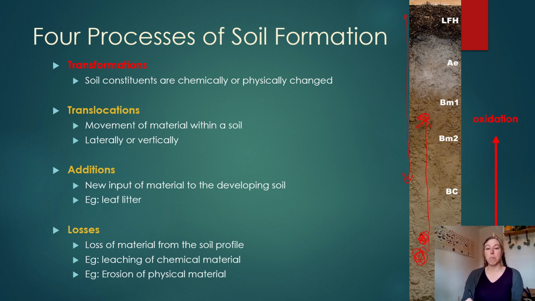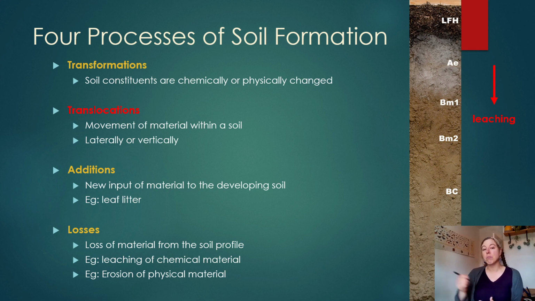And that's because there's more oxidation here than there is down here. So this is a transformation of the soil. It's being chemically changed, but it might also be physically changed. This is probably more sandy. This is probably getting broken down and has a little bit more silt in it. So it's physically different.